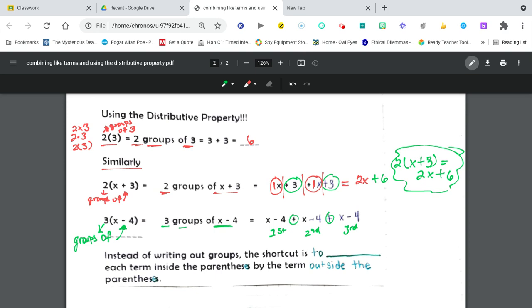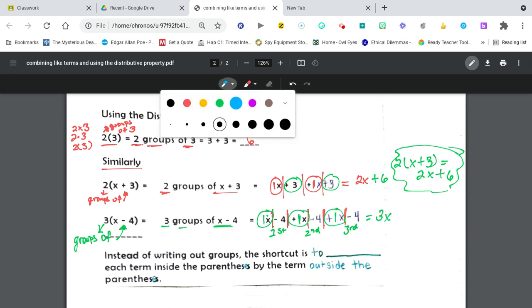Then I can combine like terms to see what it is when it's all put together. And I'm going to circle the plus signs, okay? So now I see that that's 1x, that's 1x, and that's 1x. All these are like terms, so I can combine those. 1x plus 1x plus 1x equals 3x.